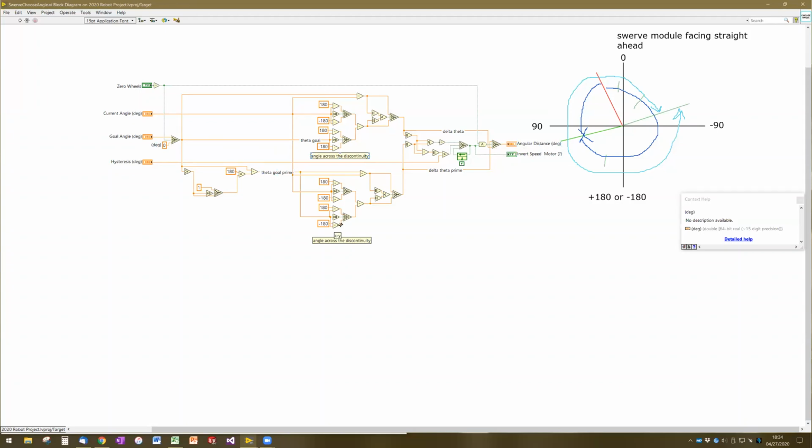We do the exact same calculation, but instead of the goal angle, it's the opposite of the goal angle, and we get the smallest angular distance for going to the opposite of the goal angle. Does anyone have any questions about the lower half where we're working with the opposite of the goal angle?